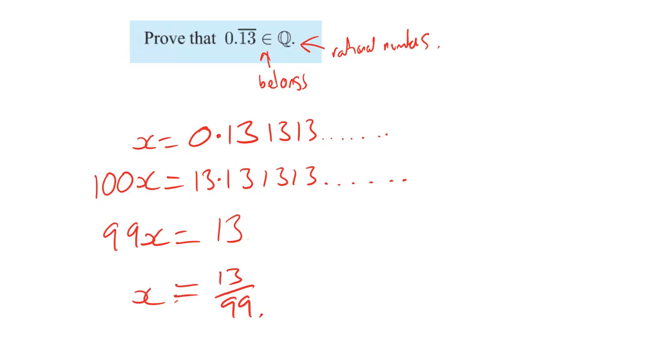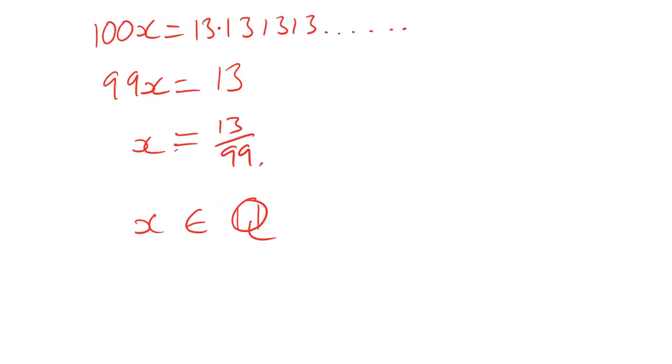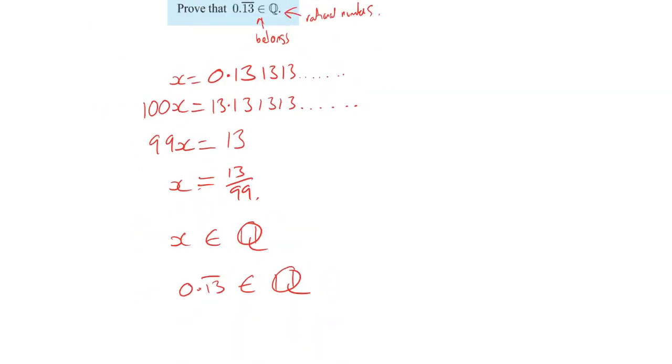Well, that's a fraction. That is a rational number. We can say for sure that x belongs to the rational numbers, and of course x is 0.13 reoccurring, so that belongs to the rational numbers, and there's a nice little proof there. Okay, so that's a nice simple example.